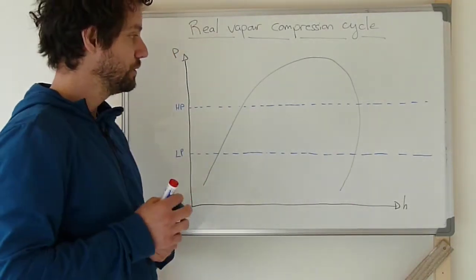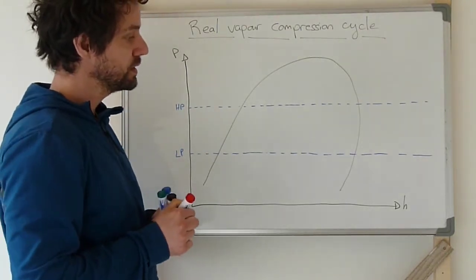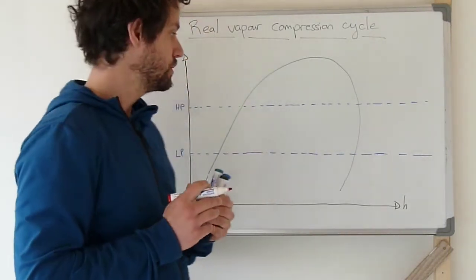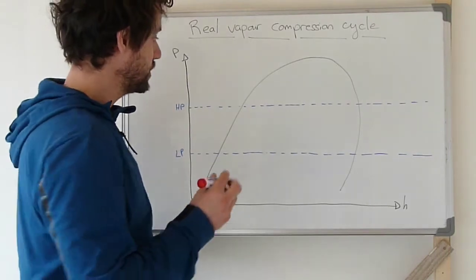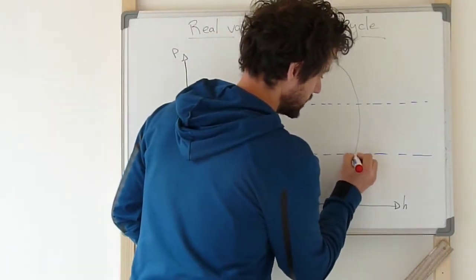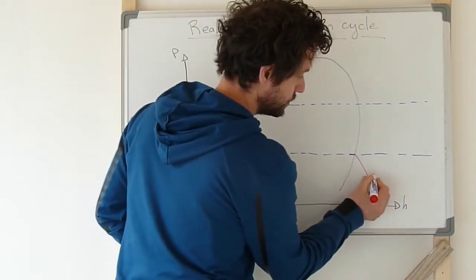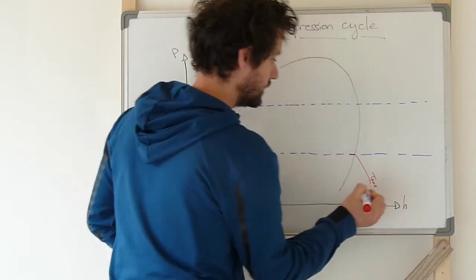So first, point A, the inlet of the compressor, is defined with the superheating that we have from the evaporation temperature. So for the evaporation temperature, we can look for this isotemperature line, and that would be T evap, like this.